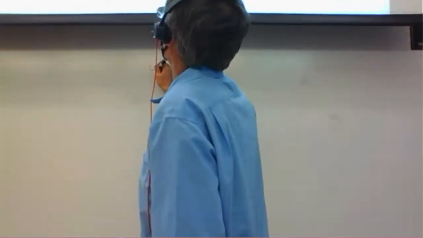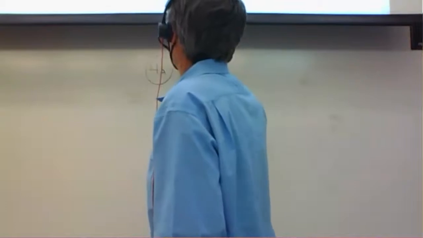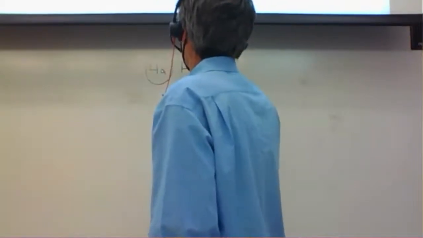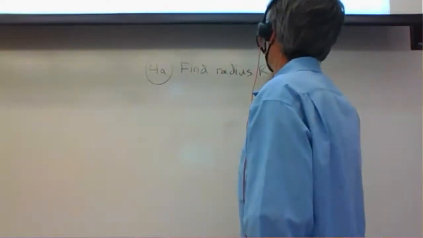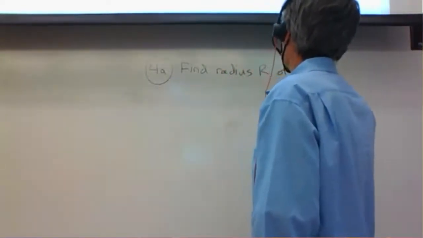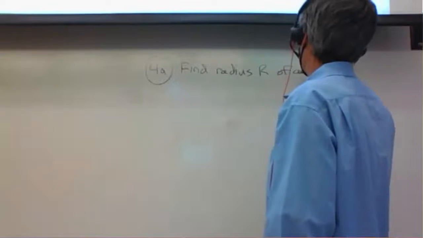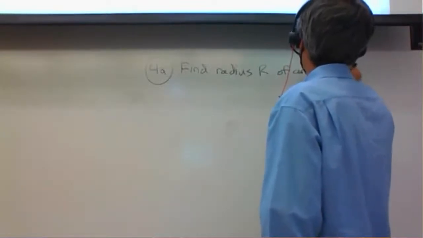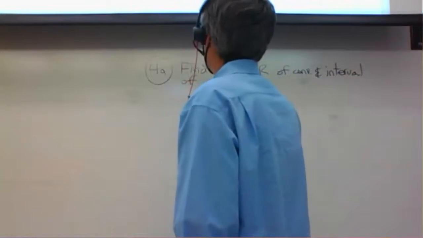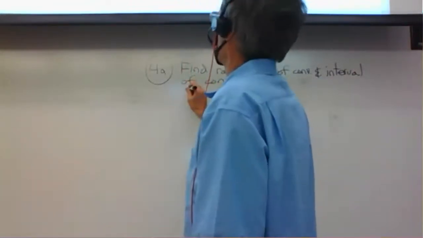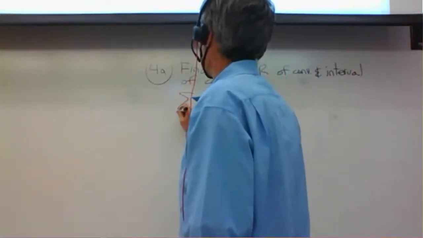So let's look at 4a here. I say find the radius r of convergence of a power series and the corresponding interval of convergence. This is one of my favorite examples because it's kind of simple.